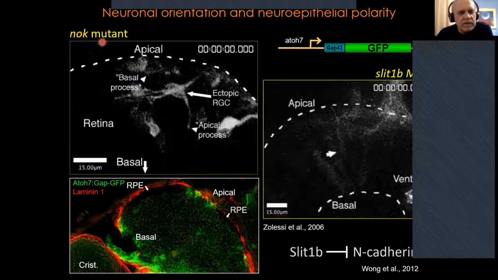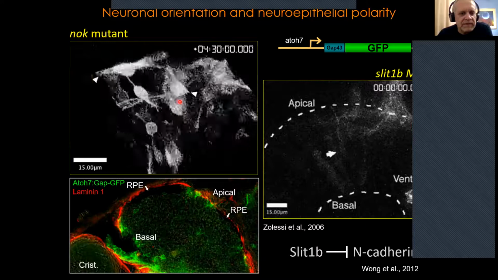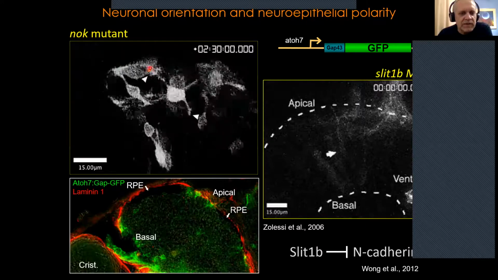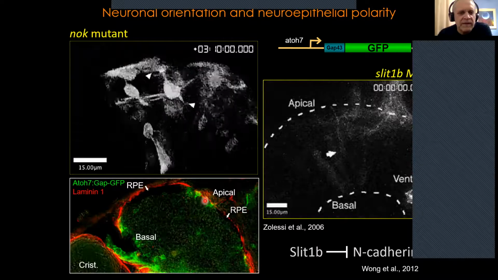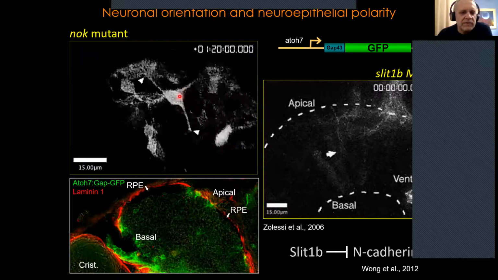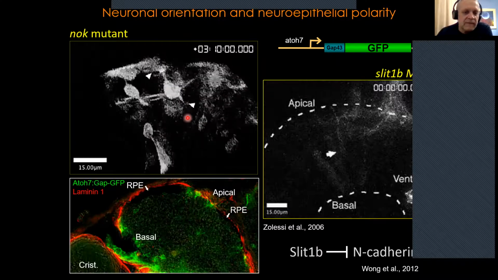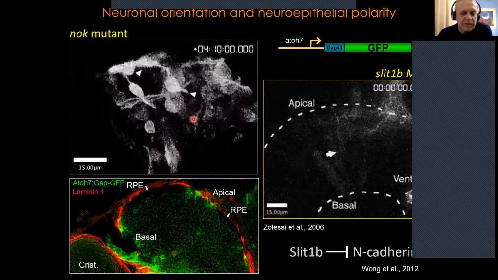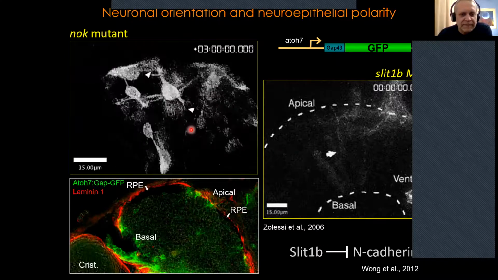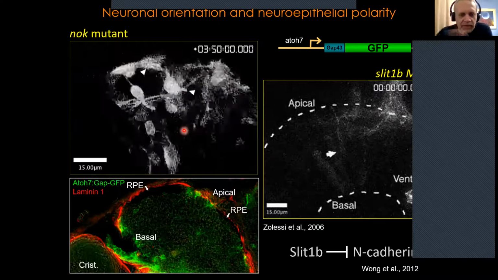The nok mutant is affecting PALS1, and we see how here we get some retinal ganglion cells which differentiate, instead of in the basal side of the retina, on the apical side, and these apical neurons are exactly turned upside down, so they retract a basal process and they extend an axon on the apical side. This was a very nice surprise. So cells are essentially differentiating normally, only upside down. So we have reverted the polarity.